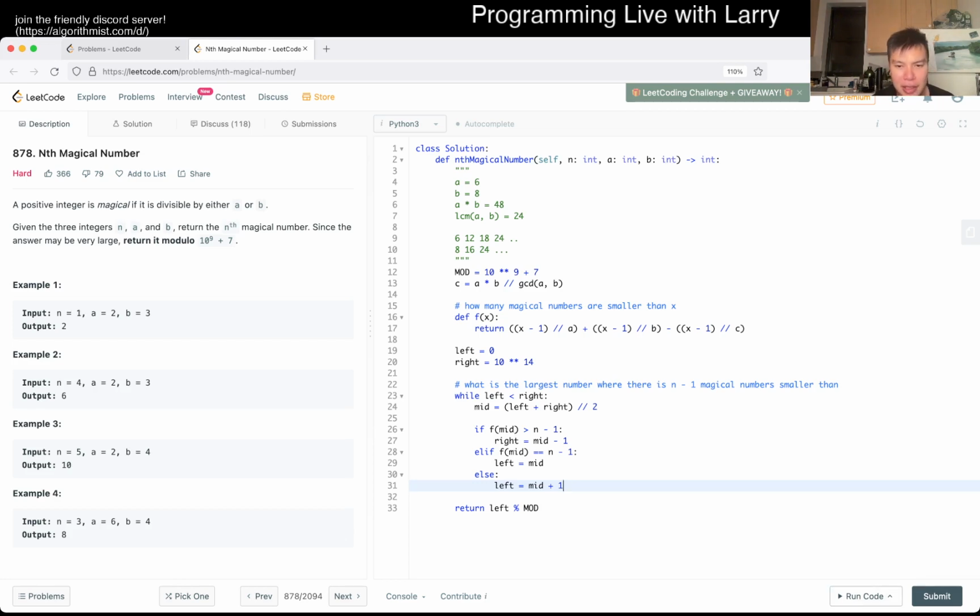Of course, the reason why I wrote this a little bit awkwardly is that you could have also switched the signs if you're really observant. And actually, left is equal to mid minus 1 plus 1 is fine.